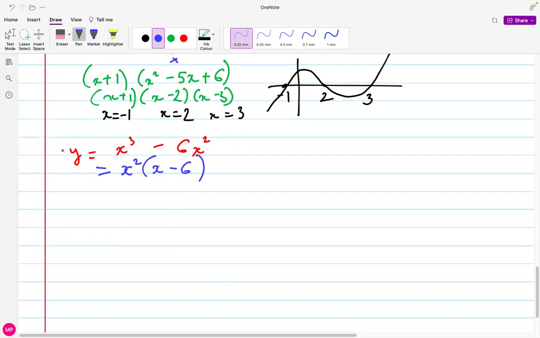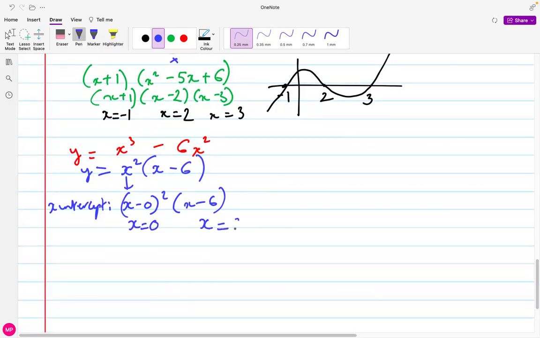Okay. So the x-intercepts, if you let y equal 0, you're going to see x squared. So technically it's x minus 0 squared and x minus 6. So you can see x equals 0 is one of the x-intercepts and x equals 6 is the other one. But the 0 has the square.